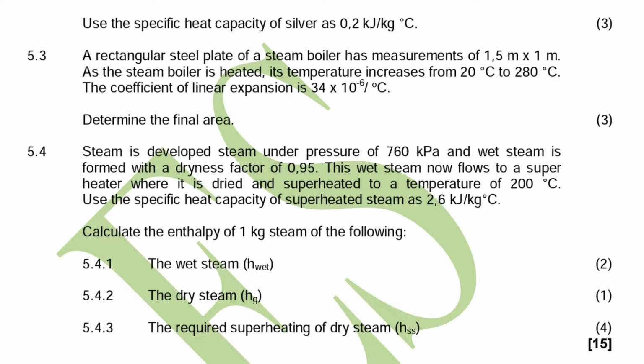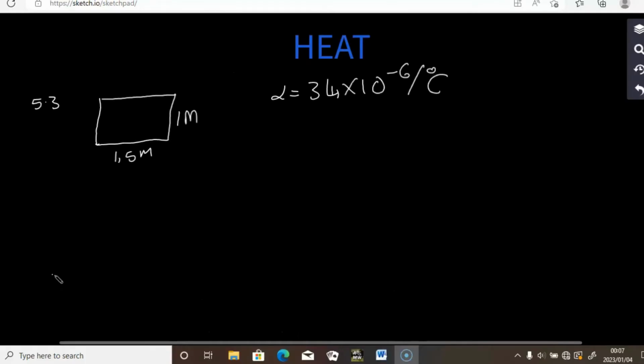The coefficient of linear expansion is 34 times 10 to the power negative 6 per degree Celsius. And then they say determine the final area. This is the information that we are given. We are given the area and we are given linear expansion. We are asked to calculate the final area.